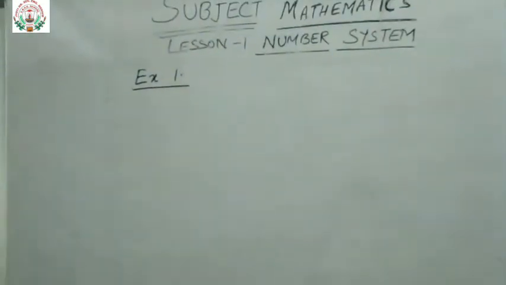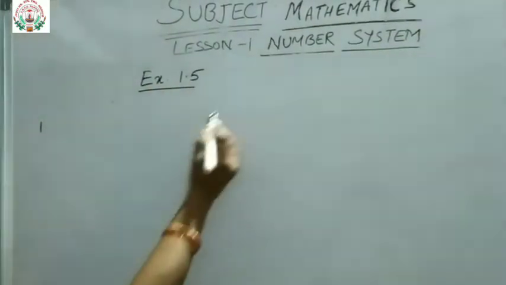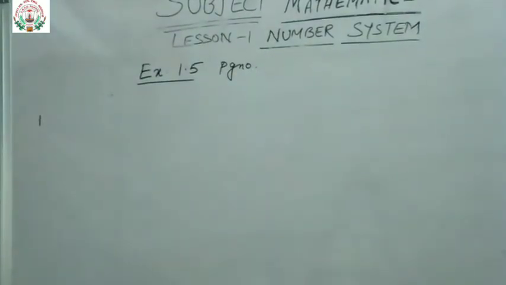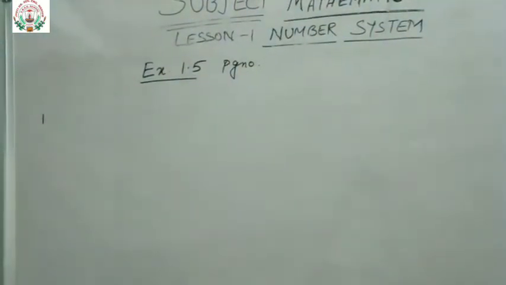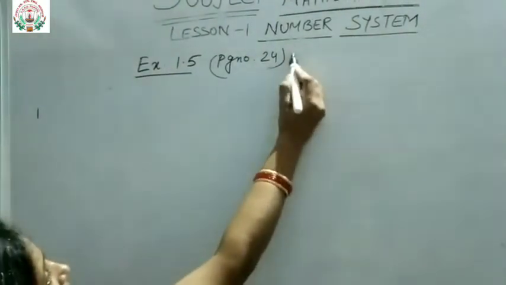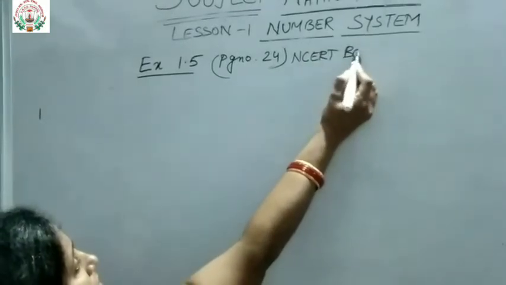So the first question is of 1.5, page number 24. Page number 24 of your NCERT book.